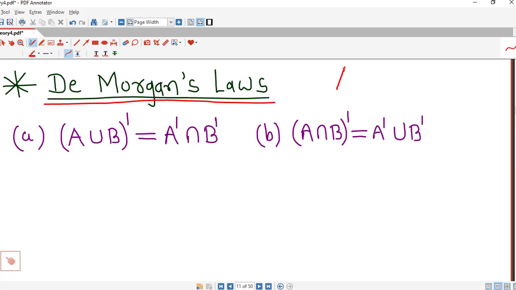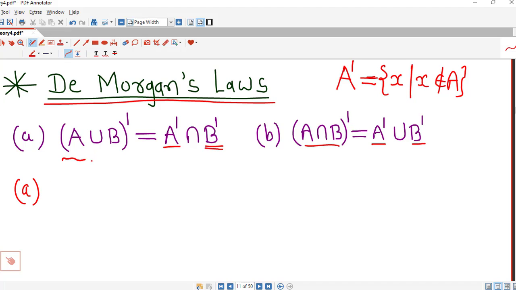We are familiar with the complement of set A. Complement of a set A is set of all points which are not in A. So first De Morgan law says that complement of union of A and B equal to intersection of complement of A and complement of B. Similarly, complement of A intersection B equal to complement of A union complement of B.